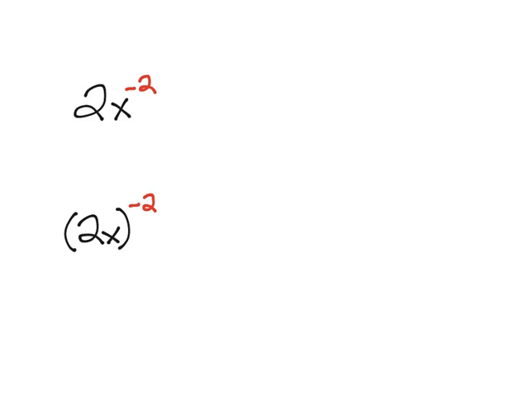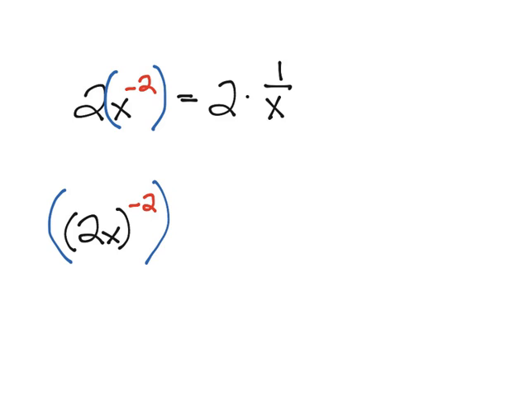What's important about this is to realize that in the first case, the exponent only applies to the x, while in the second case, the exponent applies to everything. Therefore, this first expression becomes 2 times 1 divided by x squared, while the second expression becomes 1 divided by 2x squared.